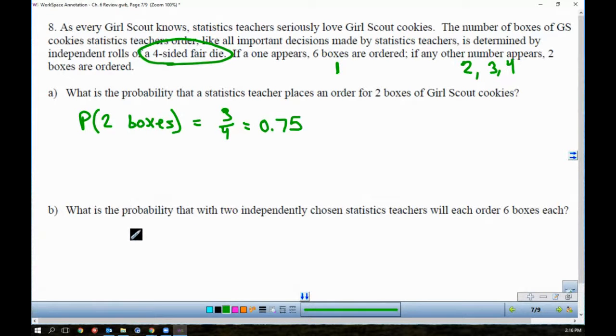Okay, B asks what's the probability that 2 independently chosen teachers each order 6 boxes?